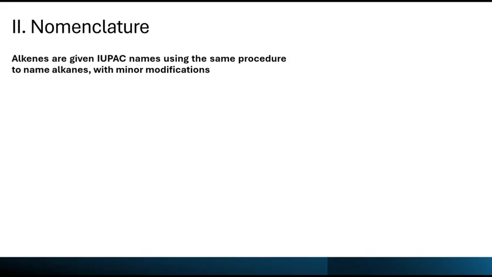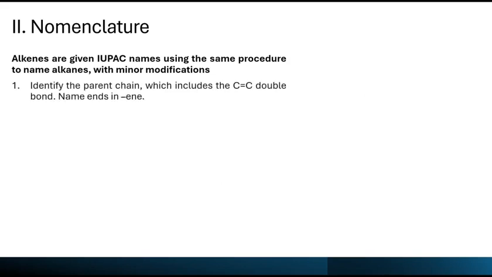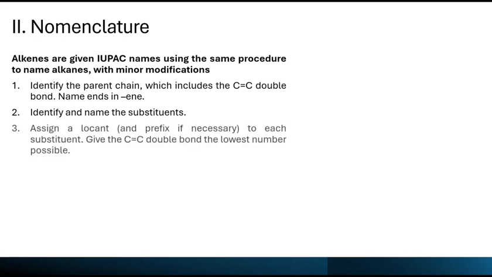2. Nomenclature. Alkenes are given IUPAC names using the same procedure to name alkanes with minor modifications. The first thing we do is identify the parent chain, which includes a C=C. We're going to end the name in -ene to indicate we have a double bond. Identify and name the substituents. Assign a locant and prefix if necessary to each substituent.